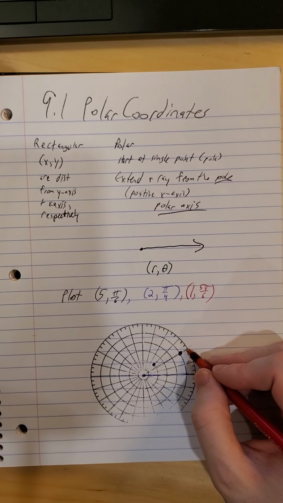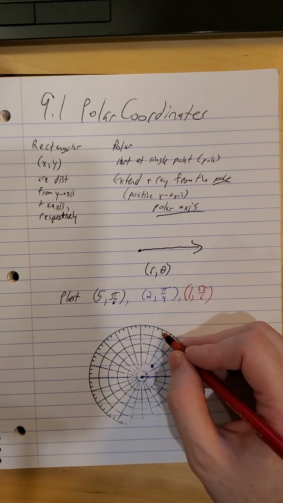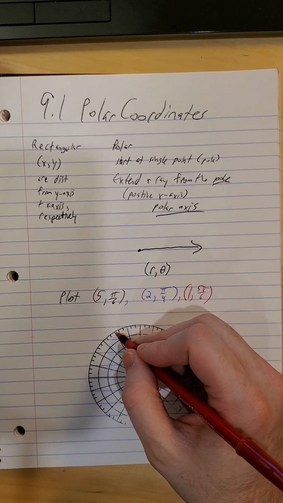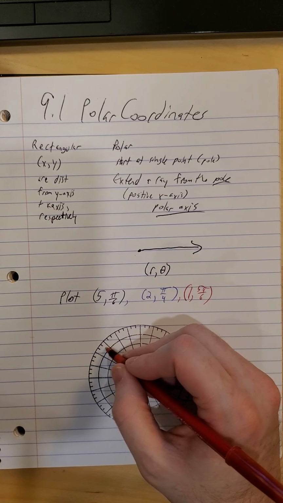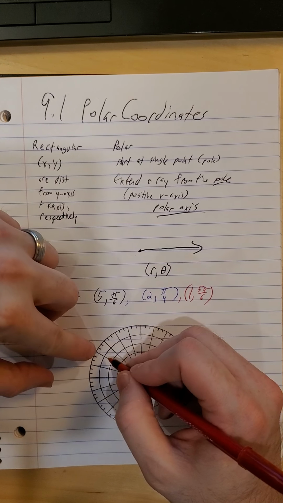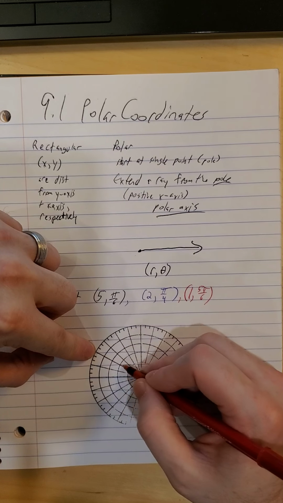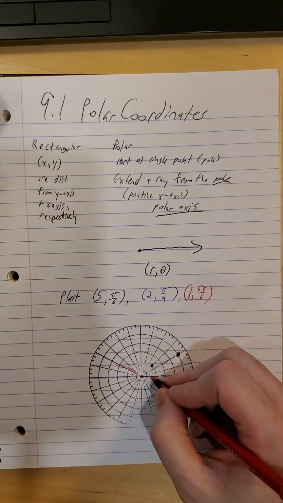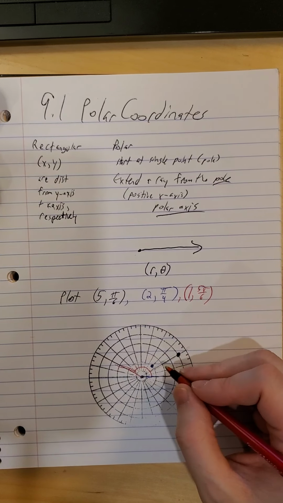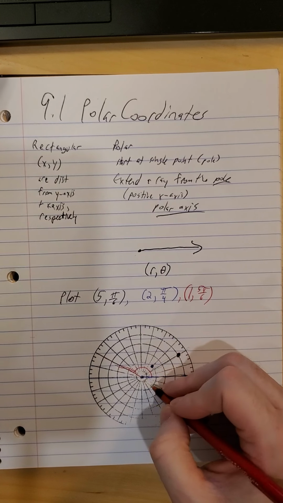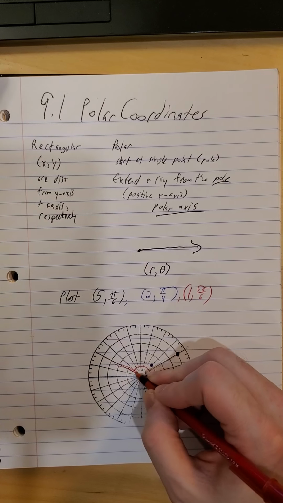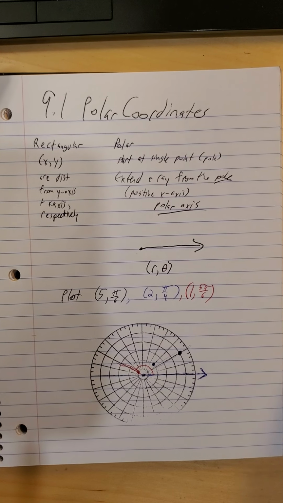So there's pi over 6, 2 pi over 6, 3 pi over 6, 4 pi over 6, and 2 more. So here is our 5 pi over 6 angle. And our distance is just 1 from the center. So there's our point.